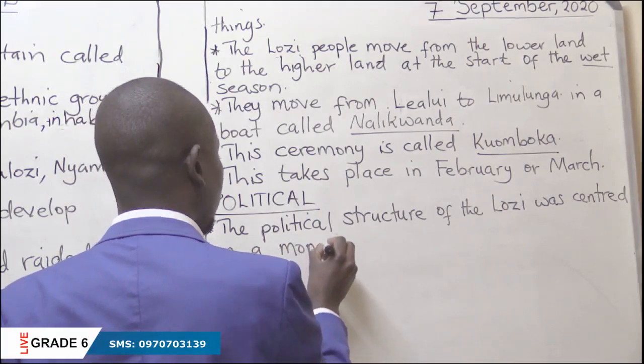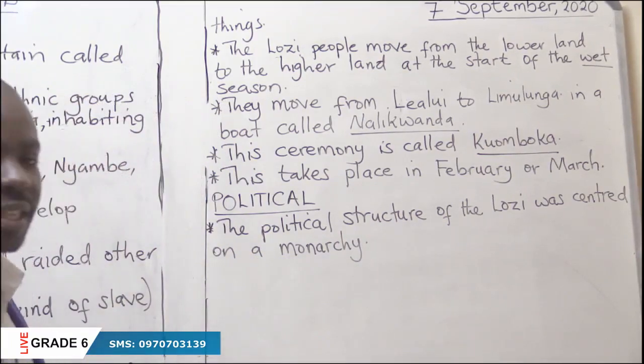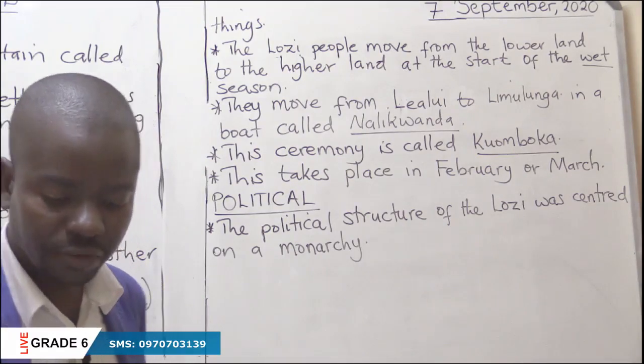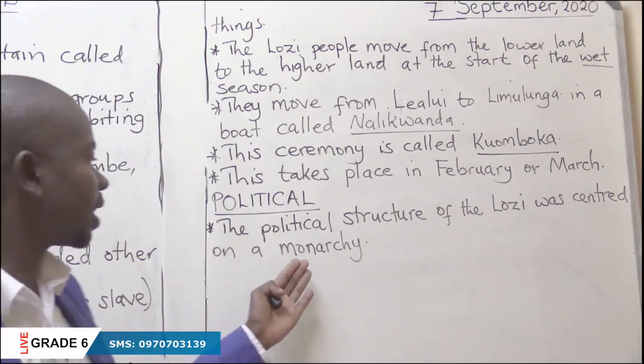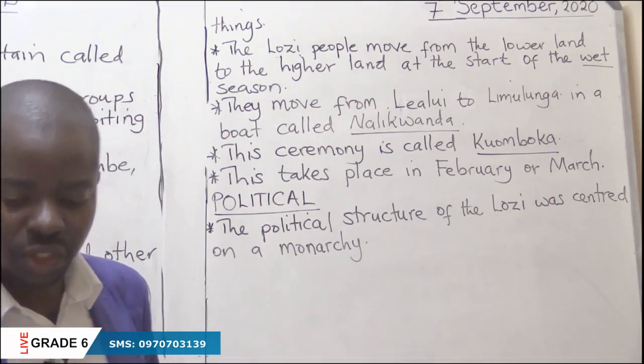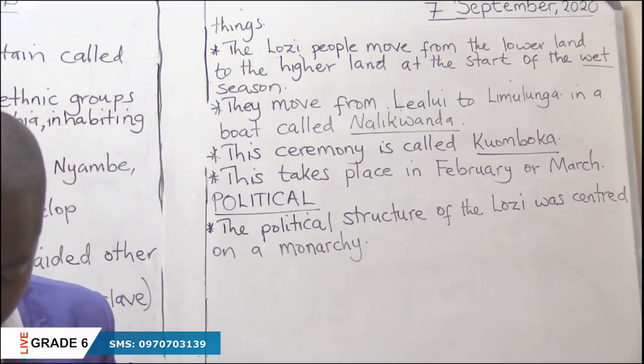Boys and girls, what do you understand by the word monarchy? You can text me using the line that I've given you. Just explain for me the word monarchy. What does the word monarchy mean?